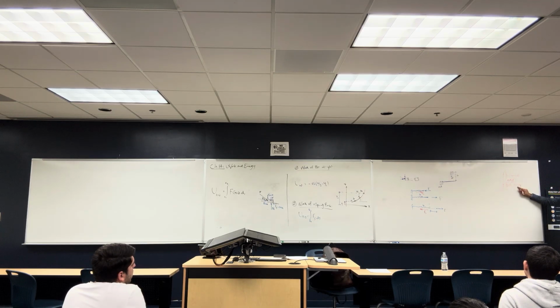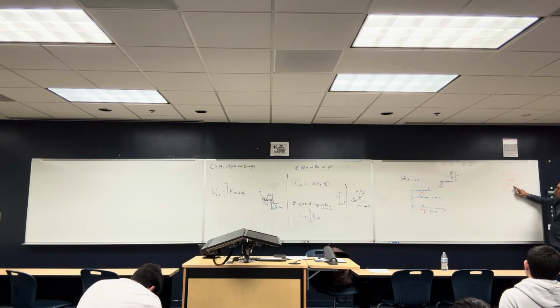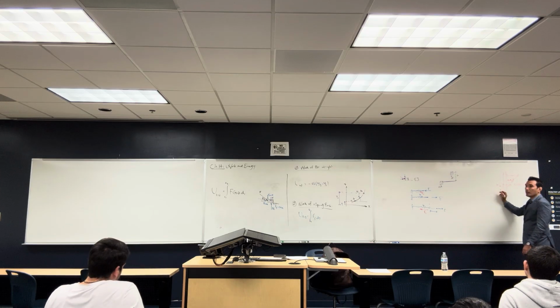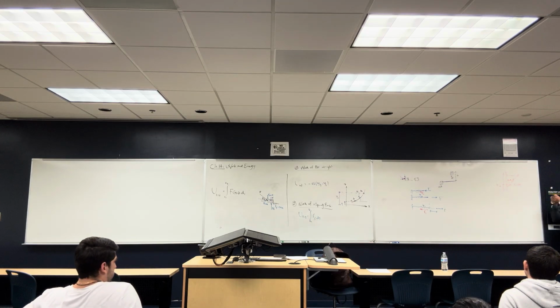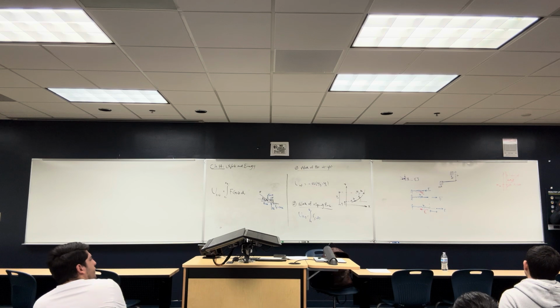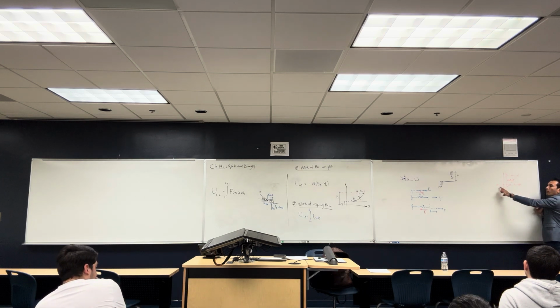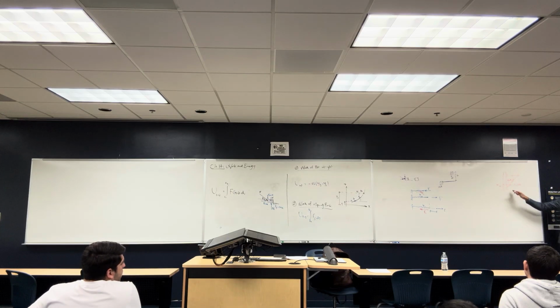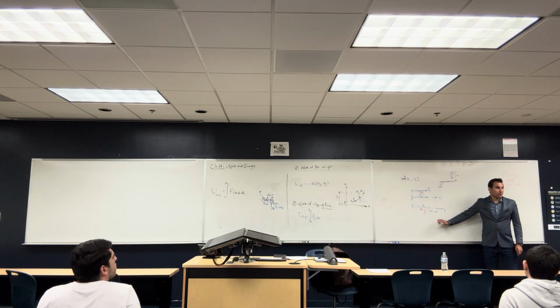This one doesn't do work on this body. The one that contributes to the movement up and down is the vertical one. And this one is going to be countered by the normal force here. The spring wants to pull this collar out of the shaft, and the normal force from the shaft on the collar is countering this Fs. Anyway, we're going to talk about it later. Let's focus on this.